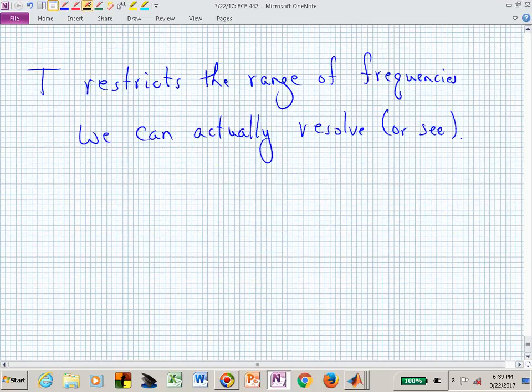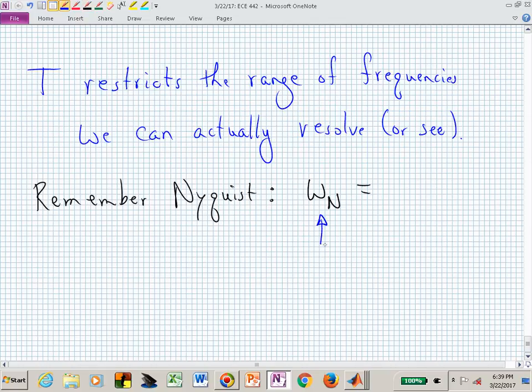And the way that we'll try to make that clear is, let's try to remind ourselves what we've heard before about Nyquist. Suppose we have a Nyquist frequency, which I will now call omega sub n. Do you remember what that was equal to? Or do you remember a particular relationship between Nyquist and frequencies, maybe a sampling frequency?